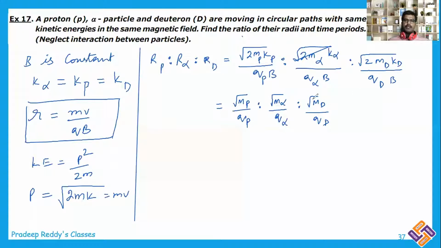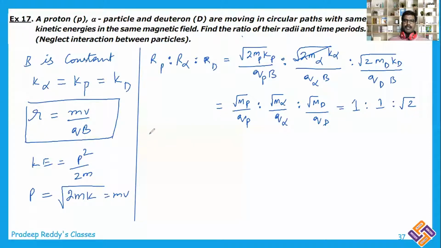So I can substitute all those values here. This will finally give you the ratio after simplification. It is 1 is to 1 is to root 2.